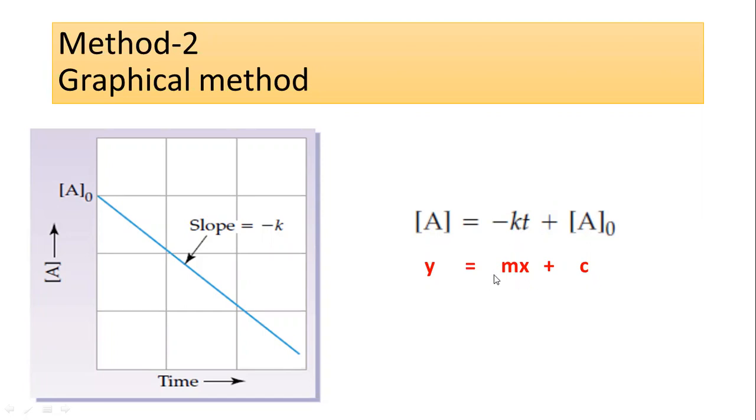So that's why it is written here: m multiplied by x, mx. That means m is a constant that is going to be multiplied with x, and that constant must be the slope. And there is another constant, without multiplication with any of the variables.